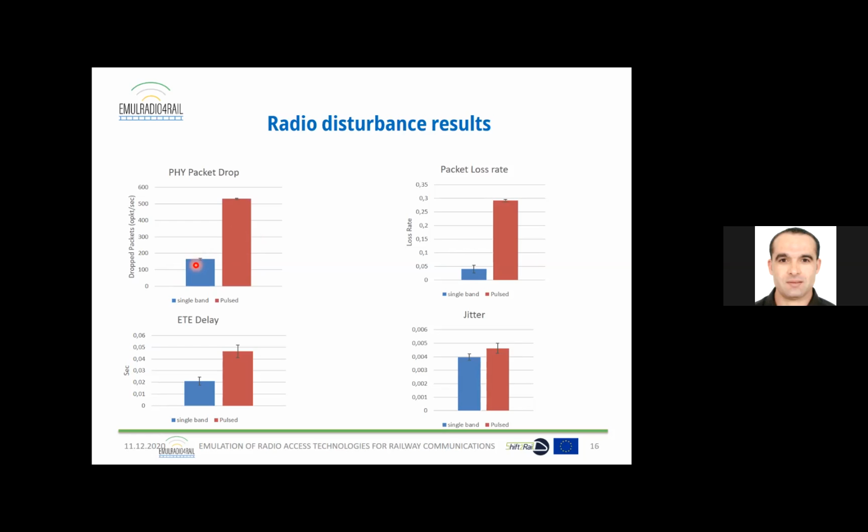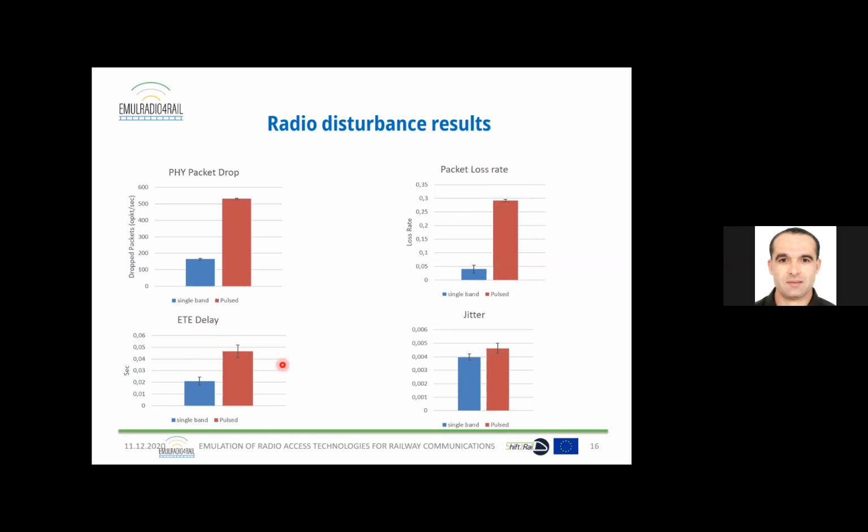And for the packet loss rate, we show that the LTE transmission mechanisms are not able to attenuate the disturbance, as here we have 30% of packet loss perceived by the IP flows with the pulsed jammer, in comparison with the single band jammer, where we have less than 5% loss at the IP flow.